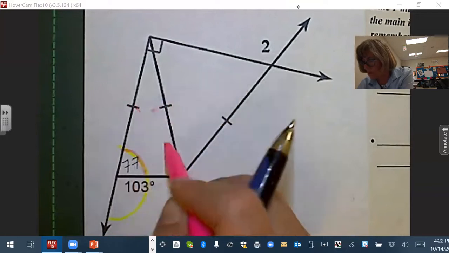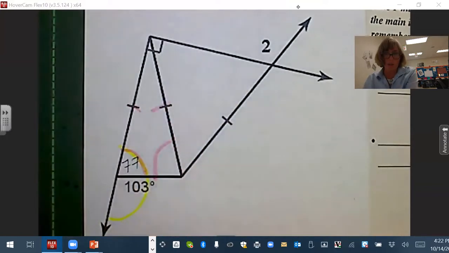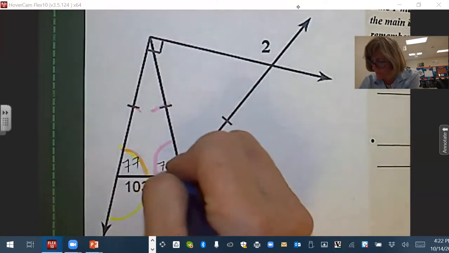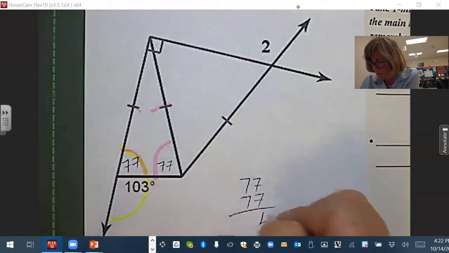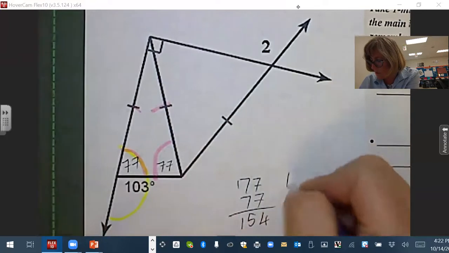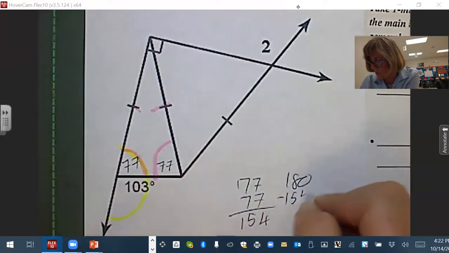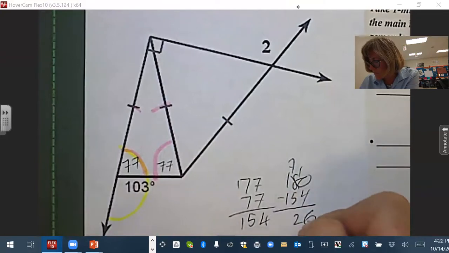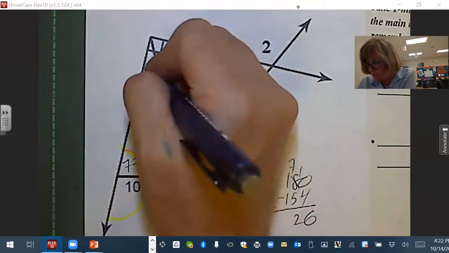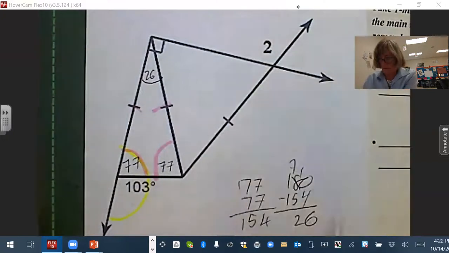Two equal sides, two equal angles. That means that 77 comes over this way. You add 77, 154, take it away from 180. And this up here, right up here, becomes 26.